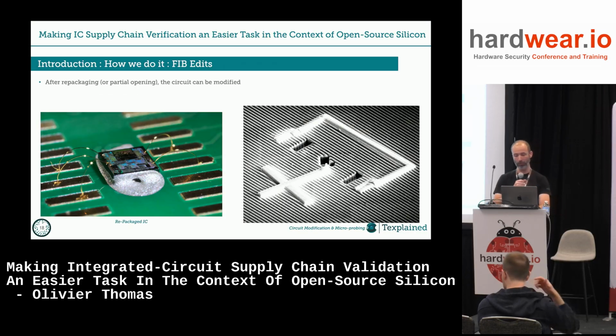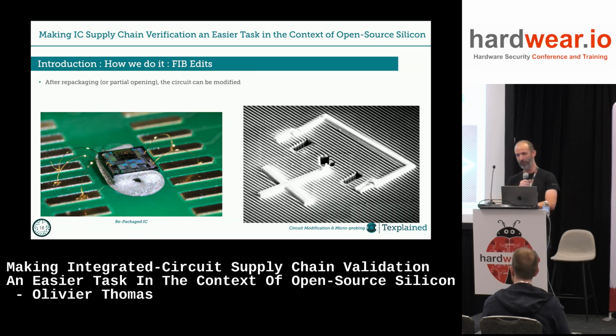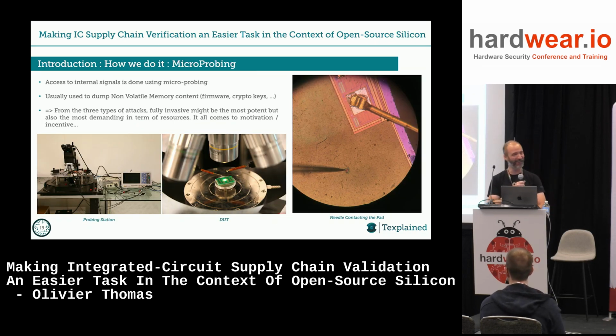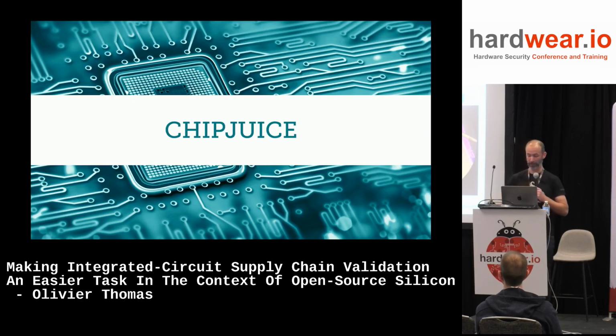And if you can do so, well, you can modify it, okay? You can prepare it. So if you want to do wire bonding, Alex is doing it in the other room after the talk. And then what you can do is microprobe, basically. So that's invasive attack. And if you can do this, usually you can extract a lot of targets.